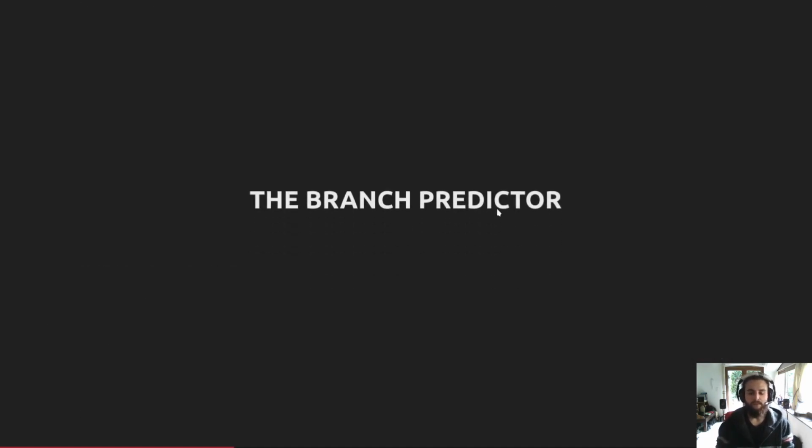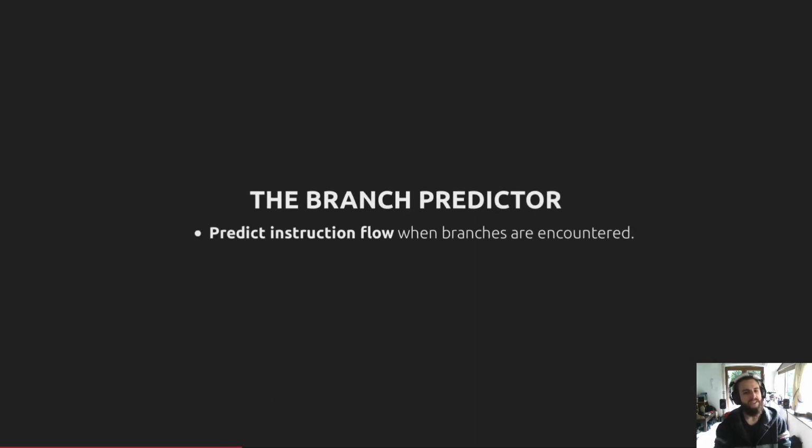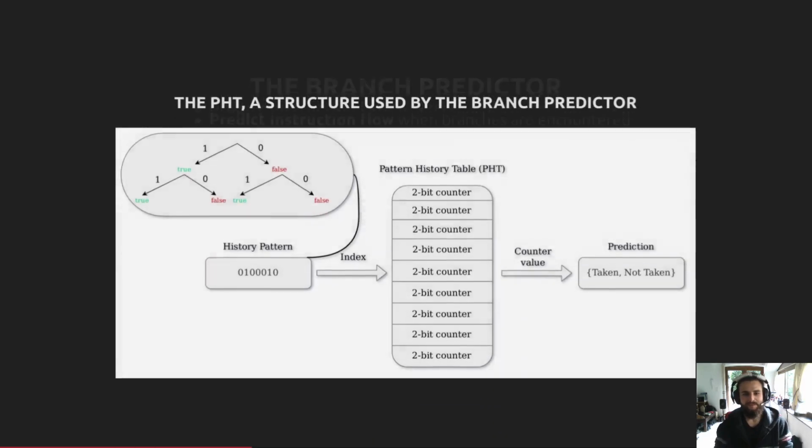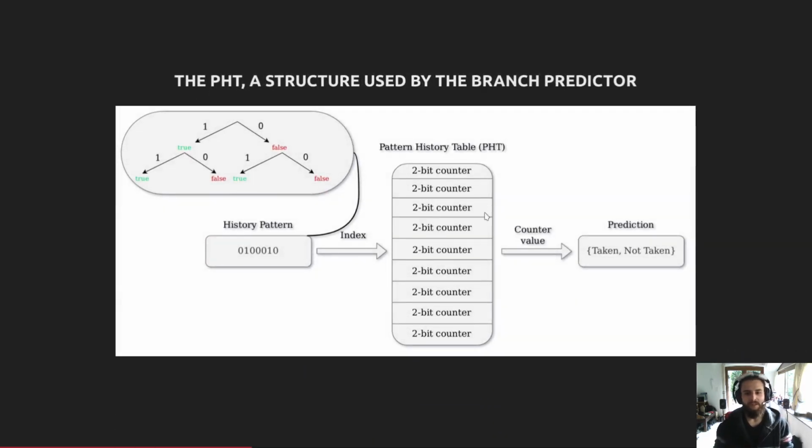So the Spectre attack that we used targets the branch predictor. This is a CPU unit which is used to predict the instruction flow when branches are encountered, and the prediction is dynamic. That means that it is based on previous execution, and by manipulating previous execution we can manipulate the prediction. So the branch predictor uses a structure called the PHT.